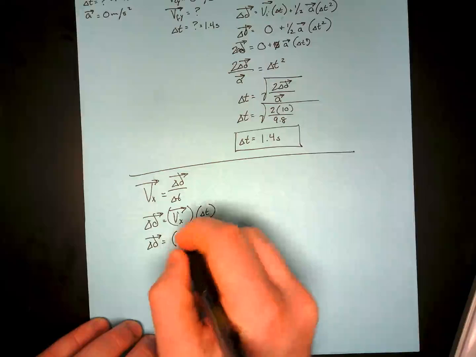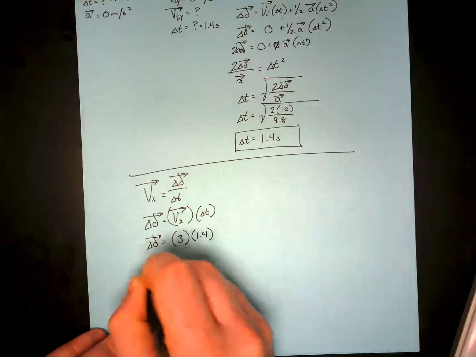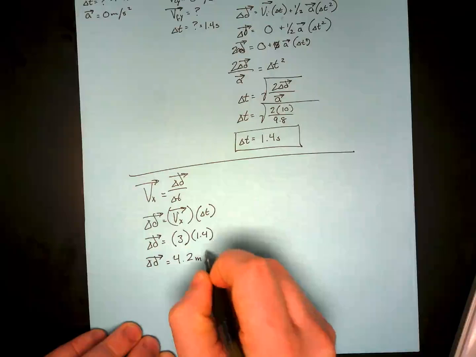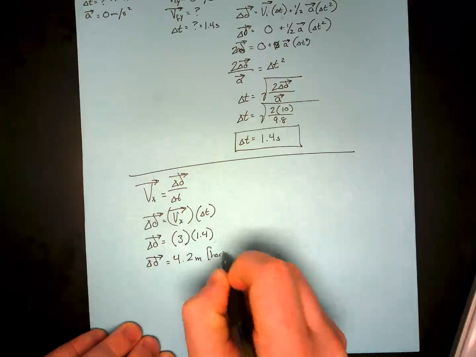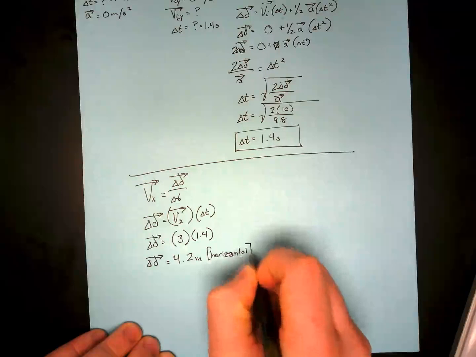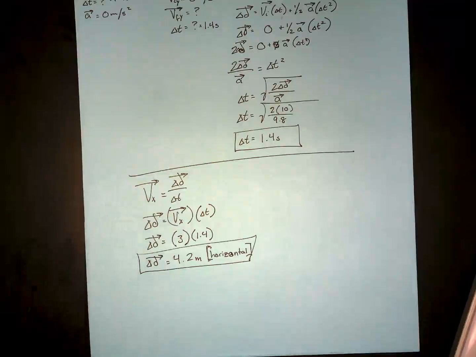We'll find here it's going to be 3 times 1.4, and our displacement is going to be 4.2 meters horizontal. Boom, and we have our answer.